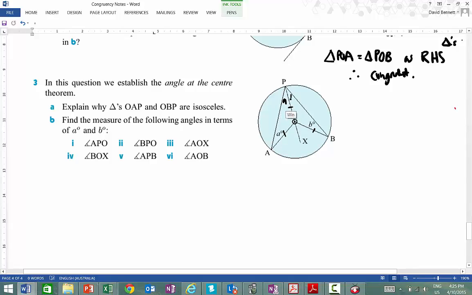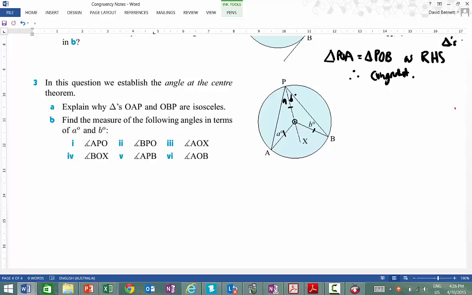Therefore, that's A, and that's B. Obviously it's the radius that determines whether these are isosceles triangles. So we've proven that bit there.